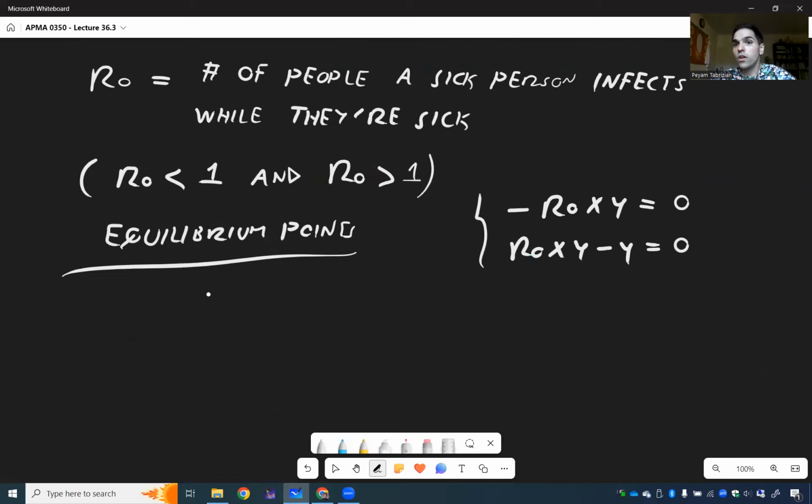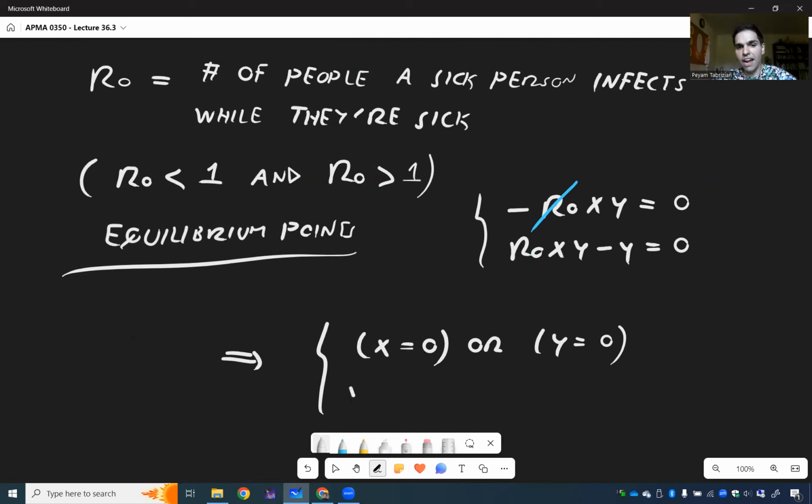But R naught a priori is a positive constant, so we can cancel this out and we end up getting either X is 0 or Y is 0. And for the other one, we can factor out Y, so Y times (R naught X minus 1) equals 0.